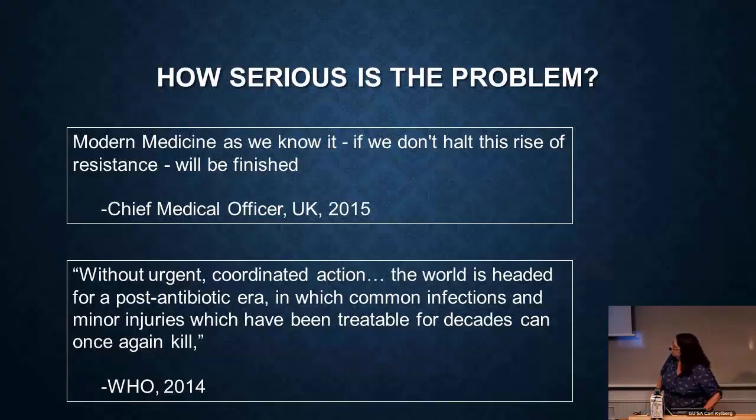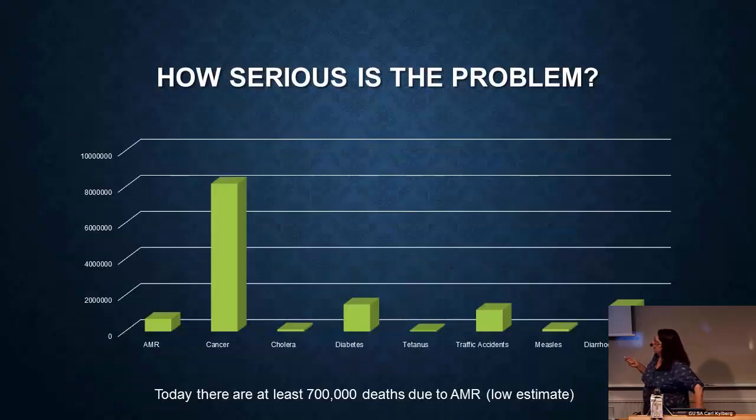I'll give you a few statistics. This was a report that came out in 2014, and it looked at causes of death now from a number of different causes. For example, here you have cancer with about 8 million deaths per year in the world. Antimicrobial resistance has about 700 deaths per year.